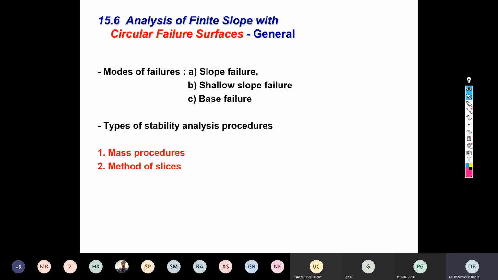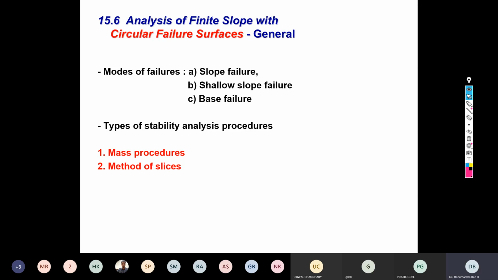Dealing with infinite slope is relatively a little slow, a little remote, but we always have to deal with finite slopes. When you talk about the finite slope, you are all well aware that they undergo two varieties of failure, but predominantly it is assumed to be circular in nature.